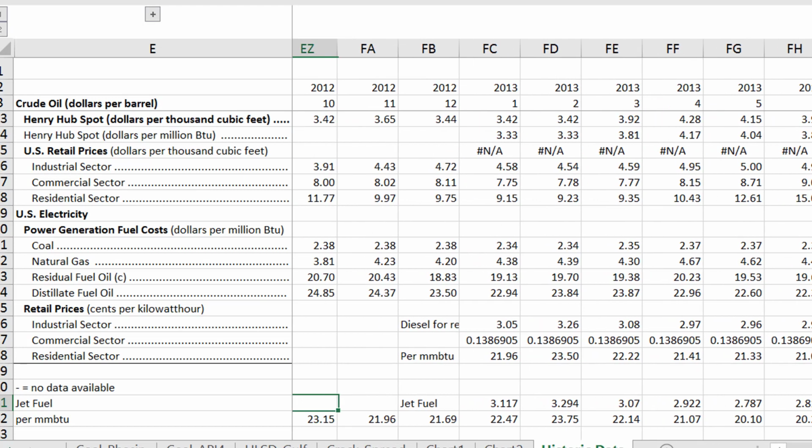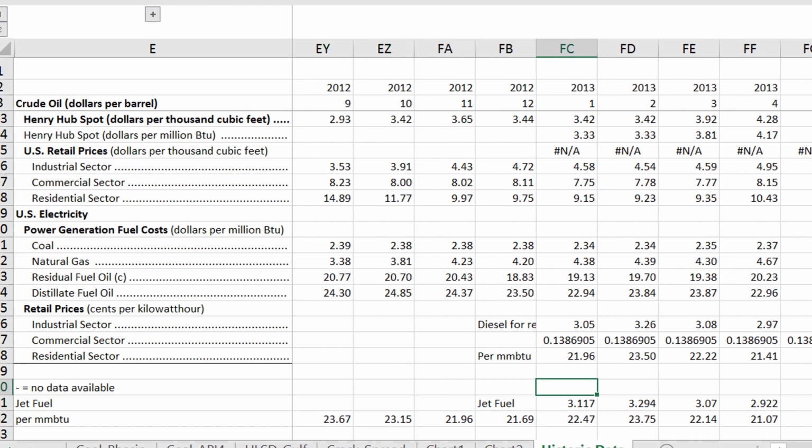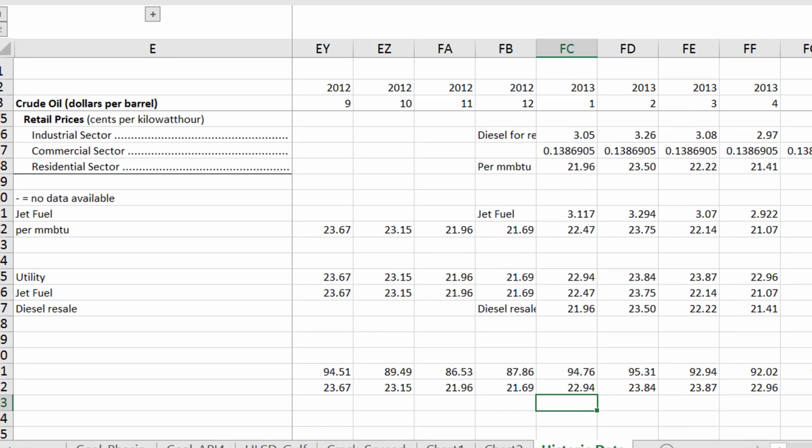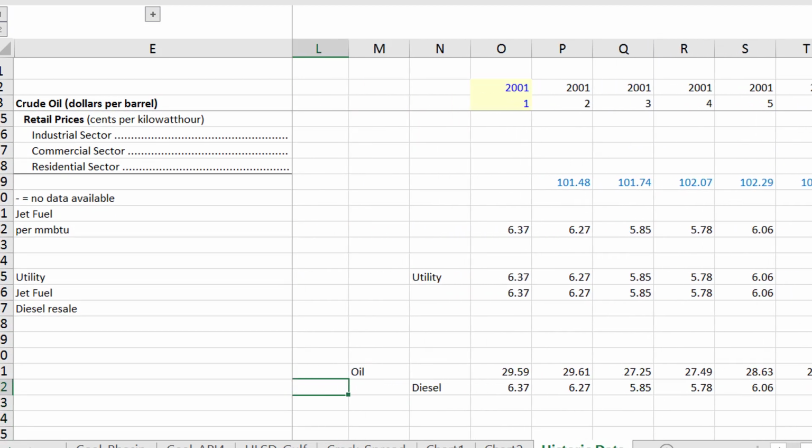Okay, and then over here I said, okay, well, let's compare the cost of diesel and compare that to the price of oil. And I did that over here.